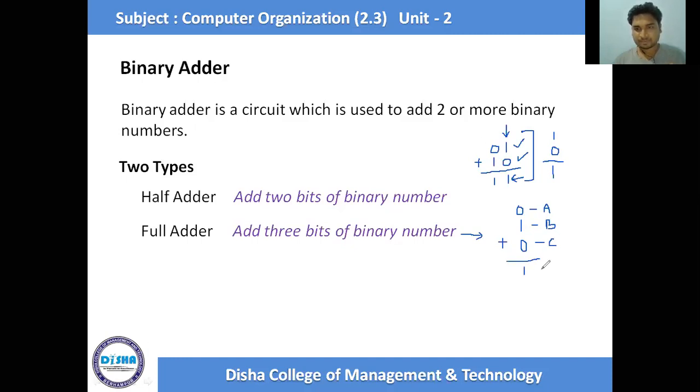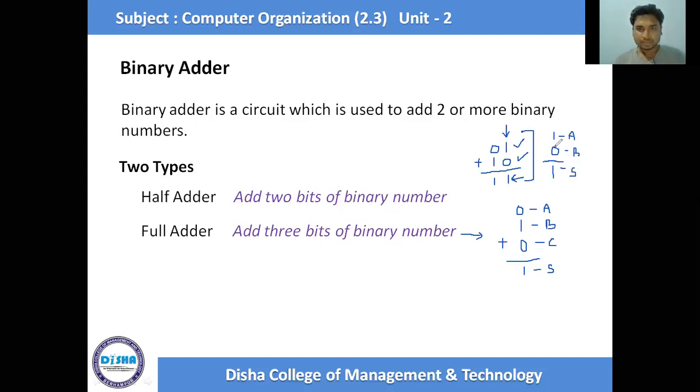This result is called S. In this case also we have input values A and B, and we get S as its result, that is the sum.